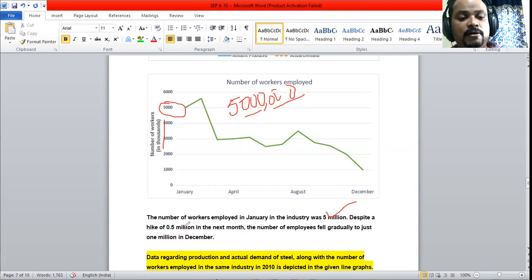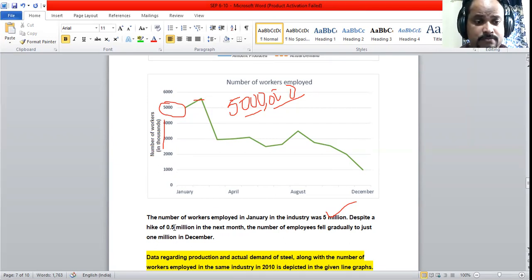Despite a hike of 0.5 million, so it's almost 0.6 million actually. Make a change there. It's actually 0.6. Yeah.